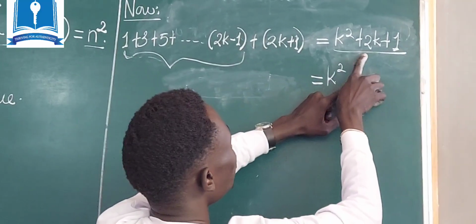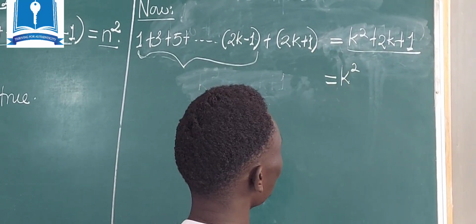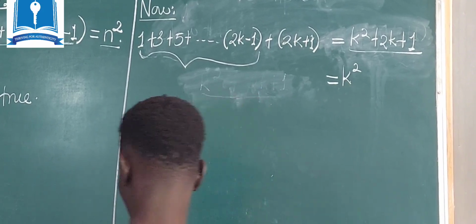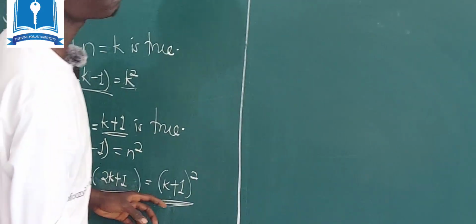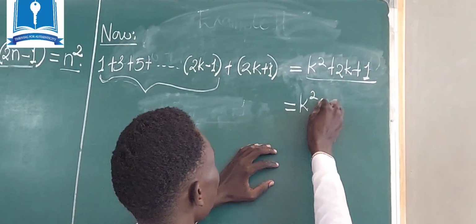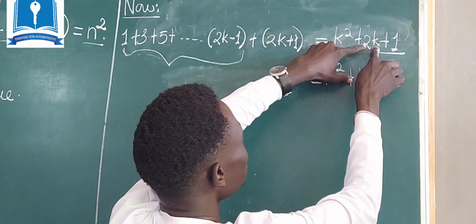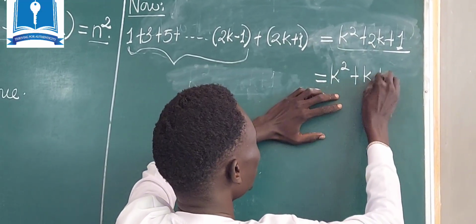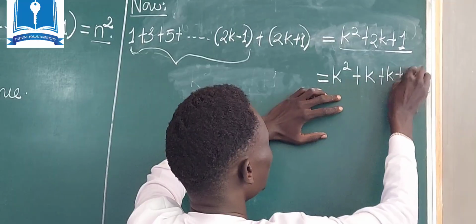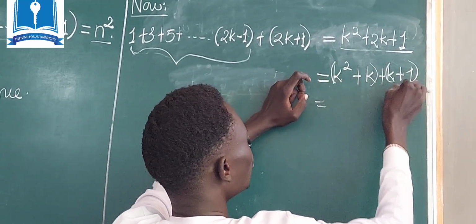Now we want to make this one to be in this form. So for us to get this one in this form, since this one is 2k, let us separate this 2k so that we group them differently. So it will be k plus 1, whereby here let us group this into groups.